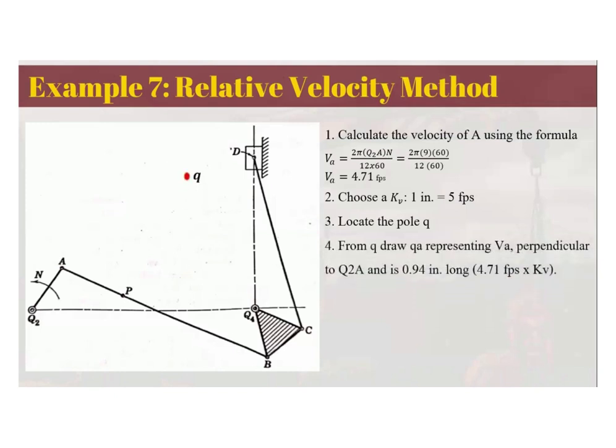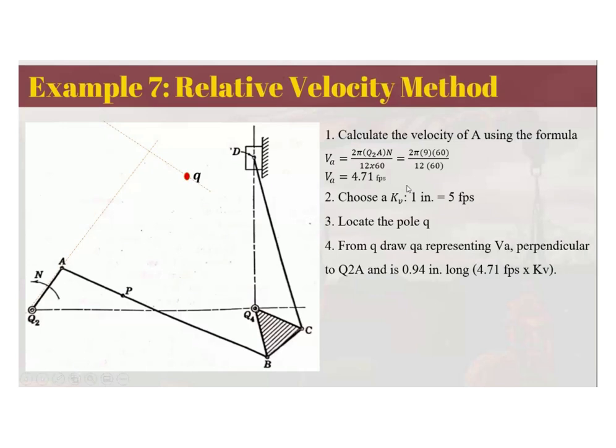So from Q, draw QA corresponding to the velocity of A, which is perpendicular to Q2A. So just extend Q2A so that it will reach the pole, and then draw a perpendicular line from Q. And that is 0.94 inches long. So again, 0.94 inches long is the velocity that I computed.